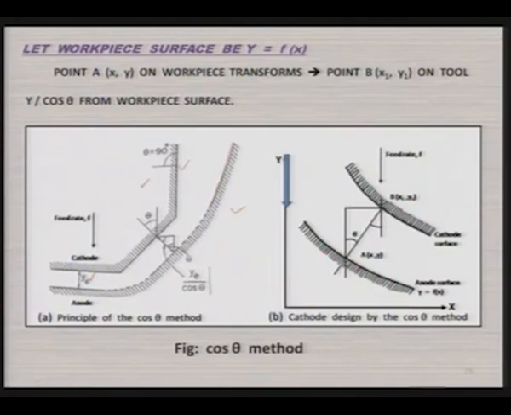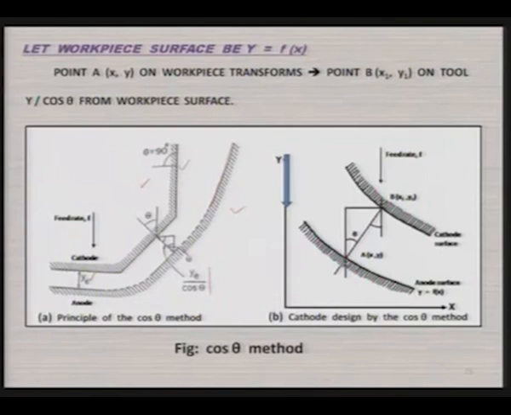Now, let us see on the right side what it says: point A on the workpiece is transformed to point B on the tool. This simply means, suppose this is the workpiece A and we are designing the shape of the tool based on the shape of the workpiece that we want.